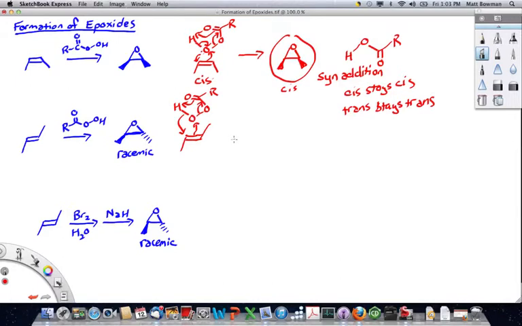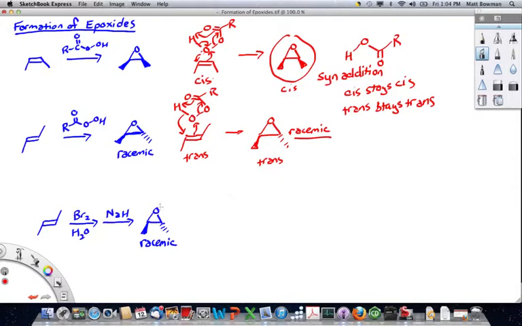Either of these two mechanisms is acceptable. Now the epoxide that's made in this case, since we're starting with a trans alkene, is a trans epoxide. And since this molecule is chiral, and your starting materials are achiral, this is going to be a racemic mixture of the two epoxides, the two enantiomers.